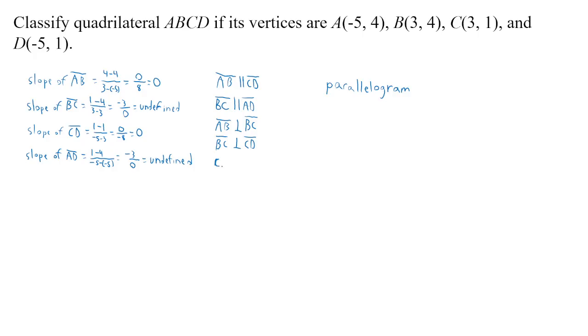Segment CD is perpendicular to segment AD. And segment AB is perpendicular to segment AD. So now we know we have right angles. Therefore, it is a rectangle.